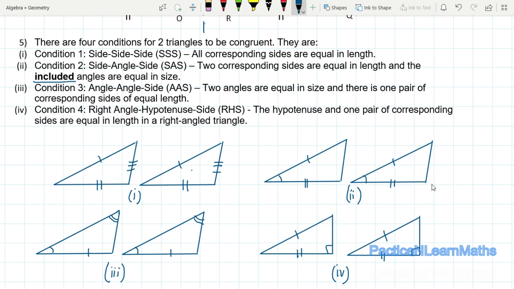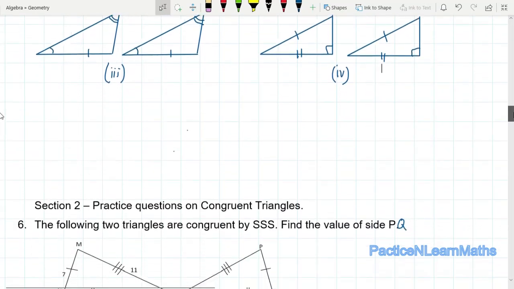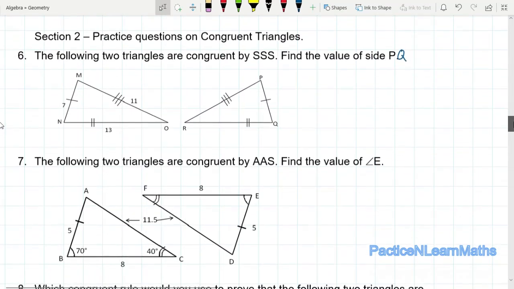So now that you have got a good knowledge on congruent triangles, answer the following 6 questions of section 2 by pausing the video. Once you are back, I will give the correct answers to these questions and show you the step-by-step solutions to them.